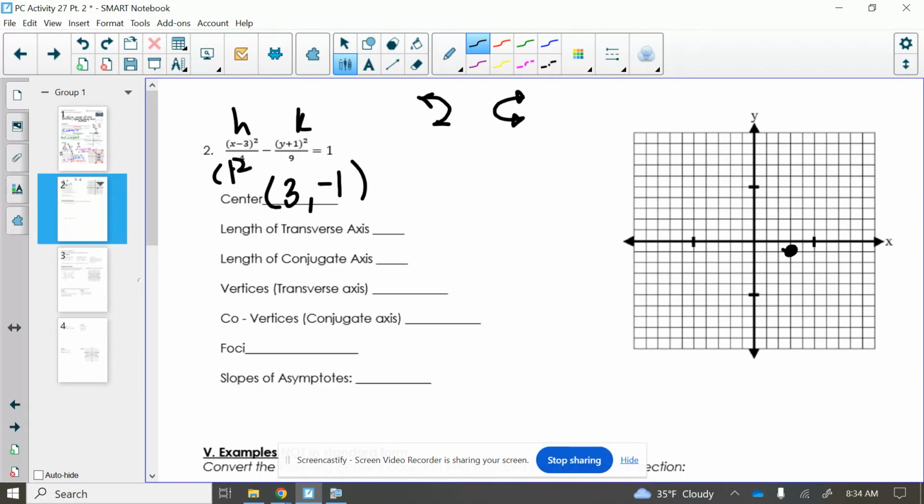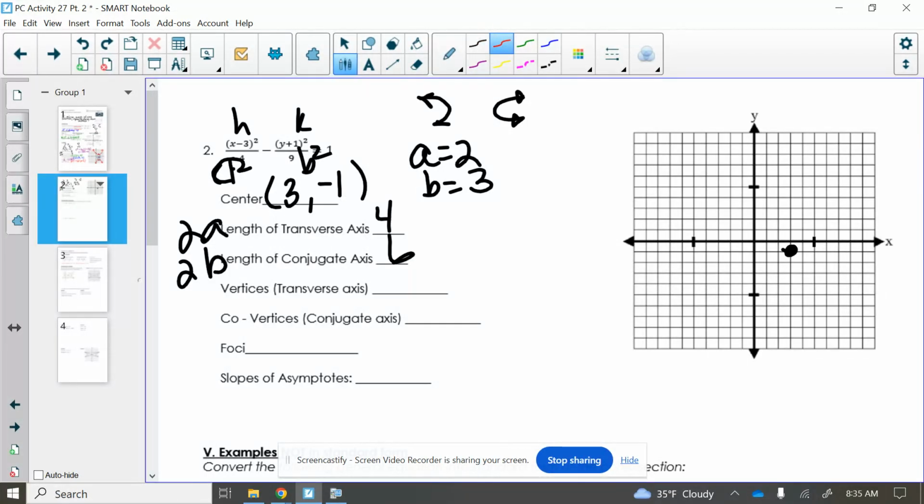So this time if a squared is 4, a is going to be 2. So our transverse axis length would be 2 times that, so 4. B squared then is 9, so the square root of that is 3. 2 times that is going to be the length of that conjugate axis, so 6.